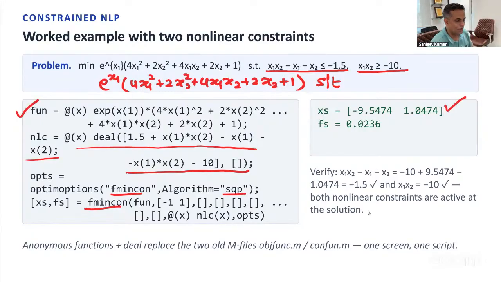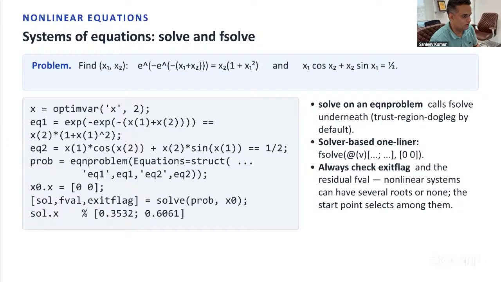Okay. So this is about optimization, because most of the problems come in one of these 4 to 5 categories which we have discussed. Now let us move to the second part of my talk. This is another problem.